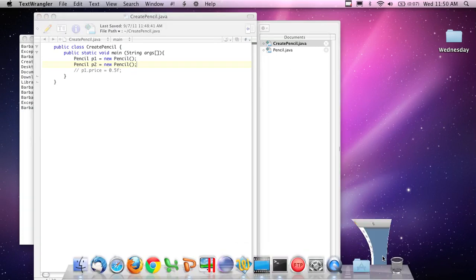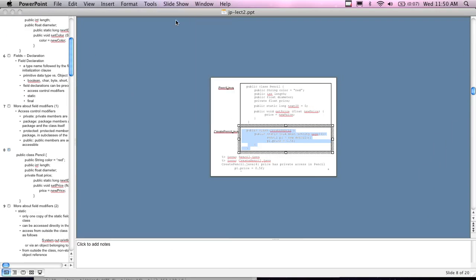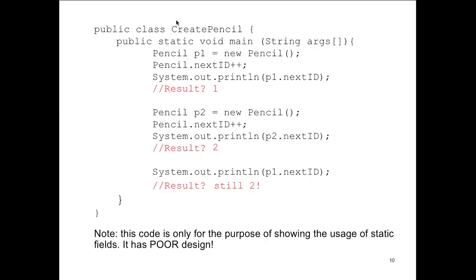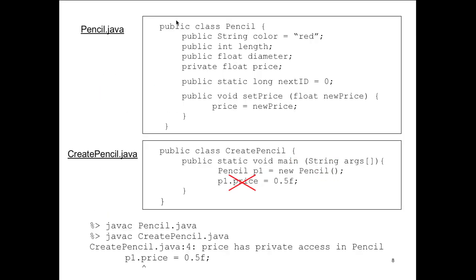So let me pick up where I left off here. Talk about what the slide is going to tell us about this word static that's in here. In our previous example up here, we're trying to set p1.price. If you're not familiar, the dot notation is how you get at data members and how you run member functions.